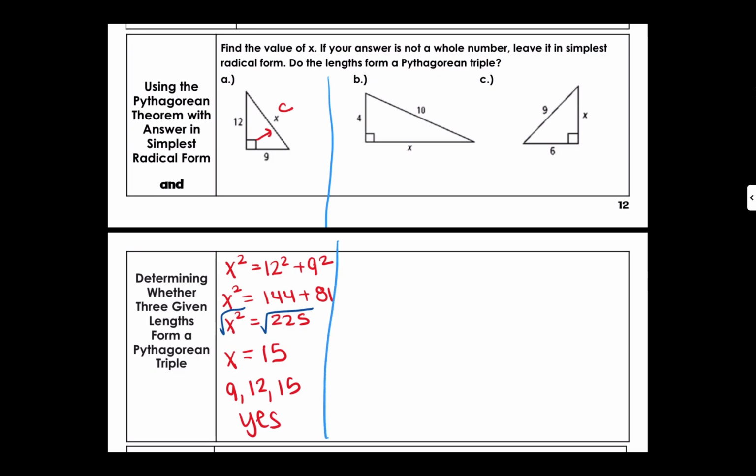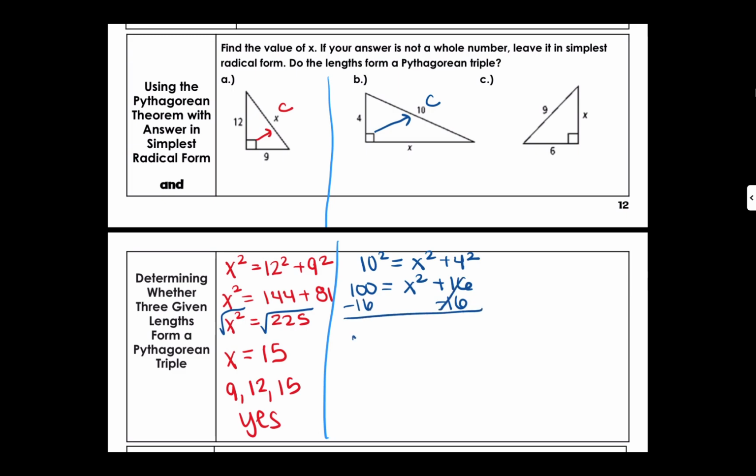Okay, B, across from our right angle is our c. So we have 10 squared equals x squared plus 4 squared. So 100 equals x squared plus 16. Subtract 16 from both sides.